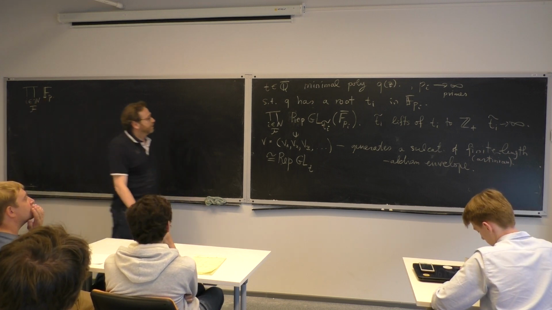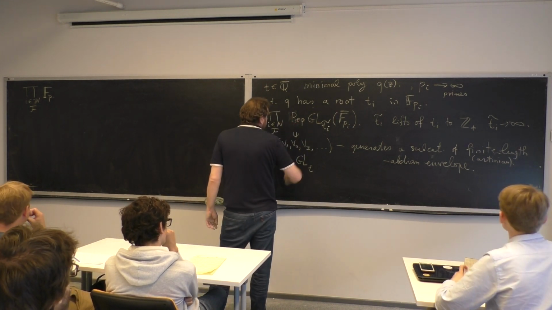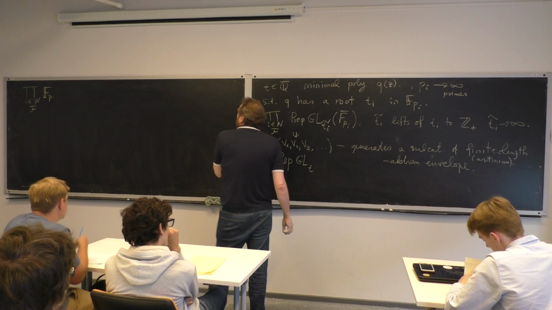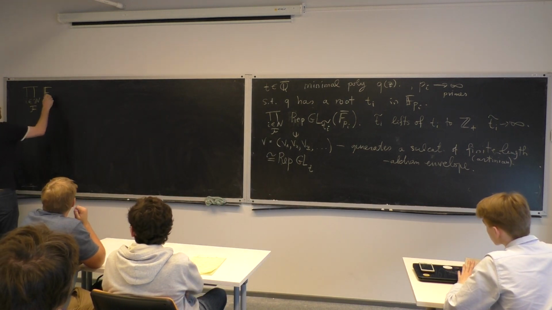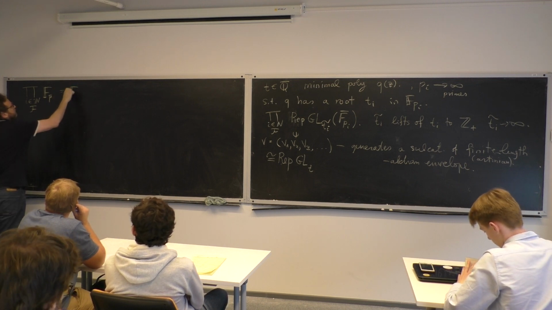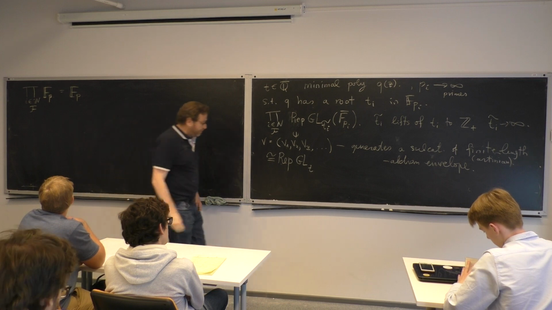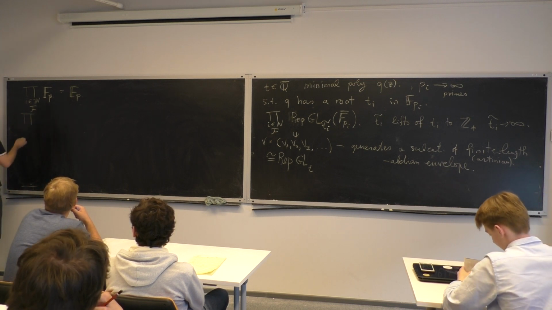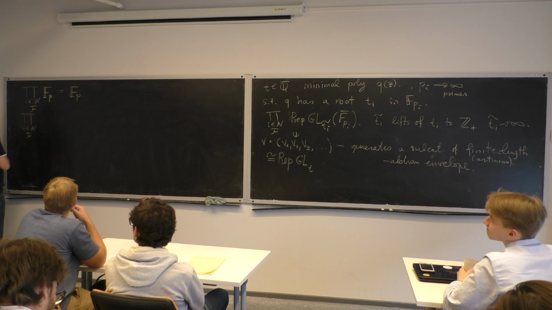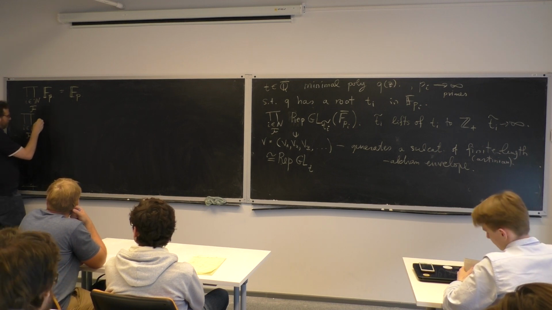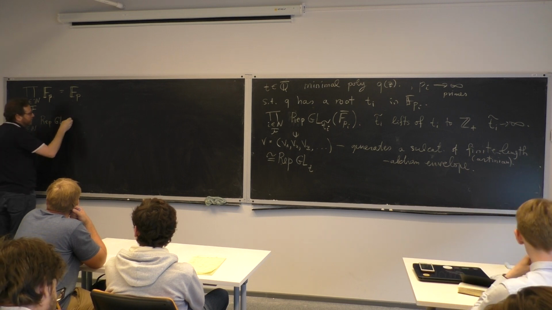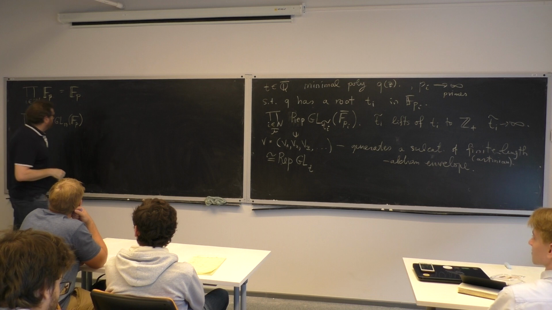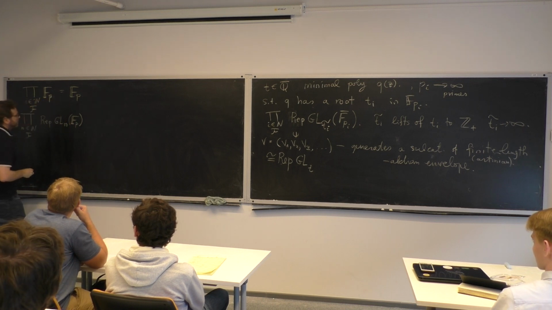So this is still F_p, and then I'm going to take the product over i in N with respect to F of representations of, let's say, GL_N over F_p.